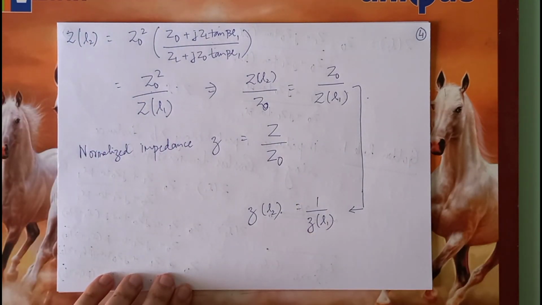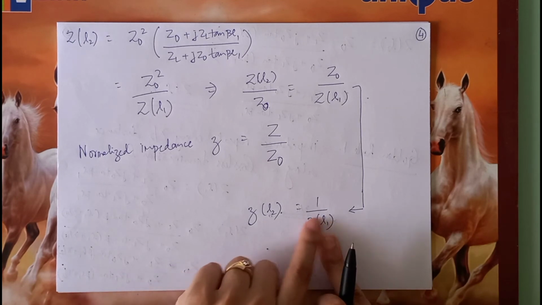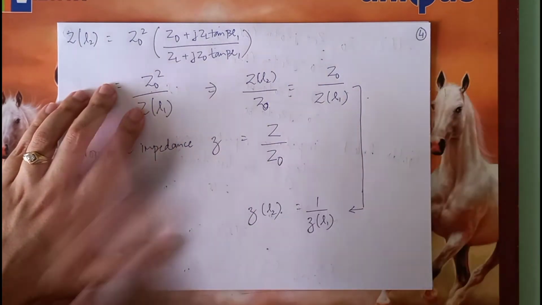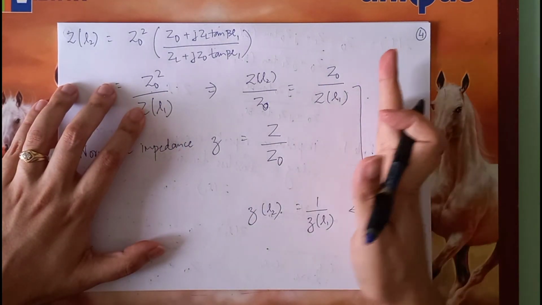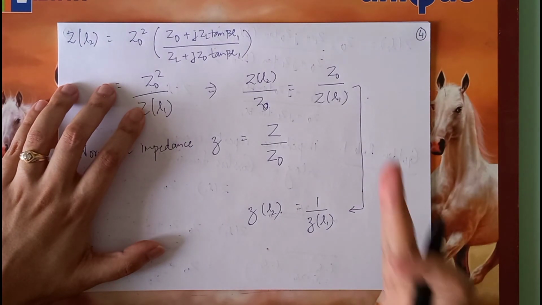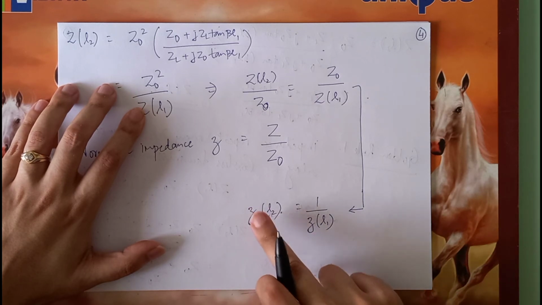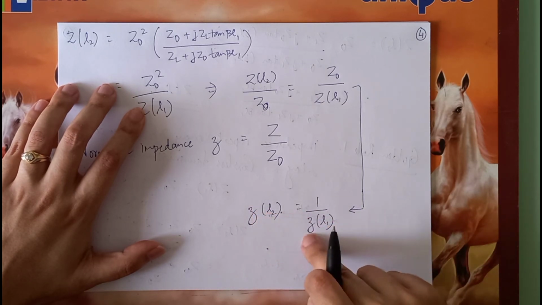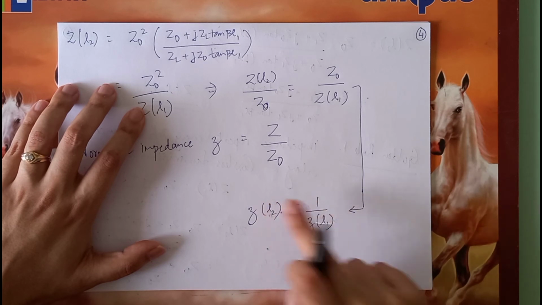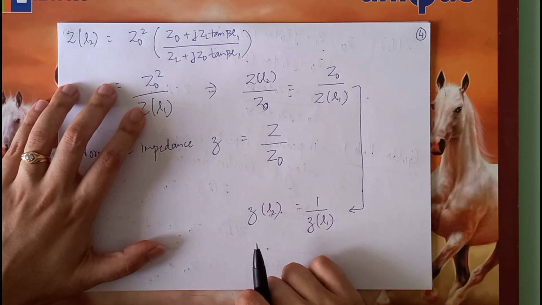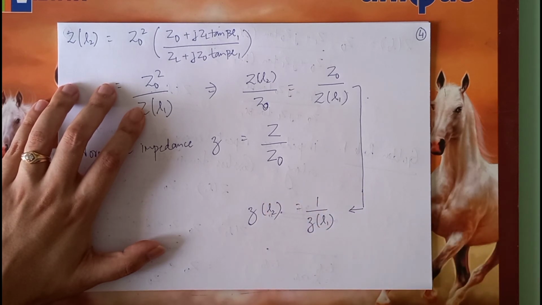So with this, what we see is, if you move along a lossless transmission line along a distance of lambda by 4 or a quarter wavelength, the normalized impedances effectively become inverted, not the actual impedance.